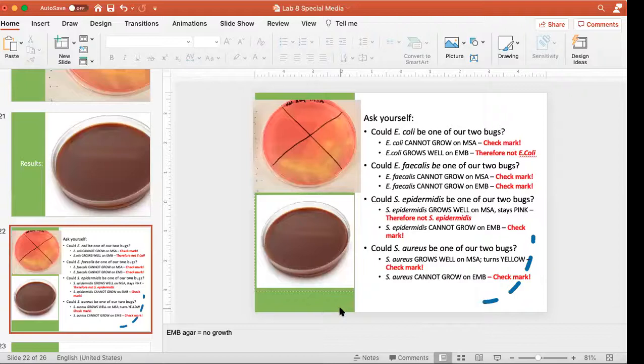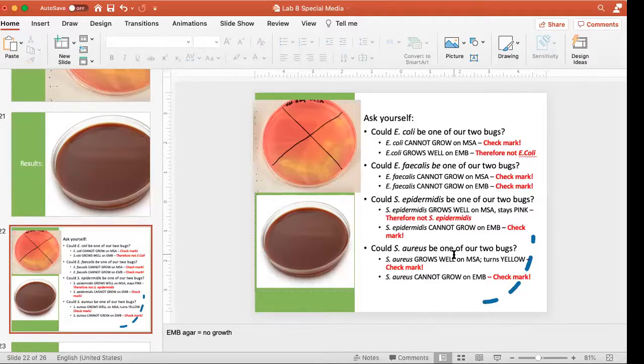Let's look at the third organism. Could one of our unknowns have been Staphylococcus epidermidis? Well, we know Staph epidermidis grows well on MSA, and something grew on MSA here.